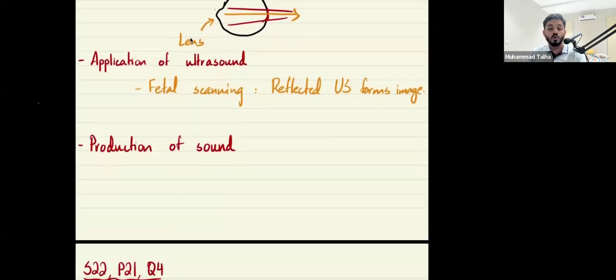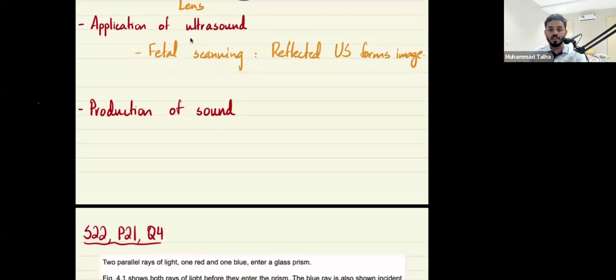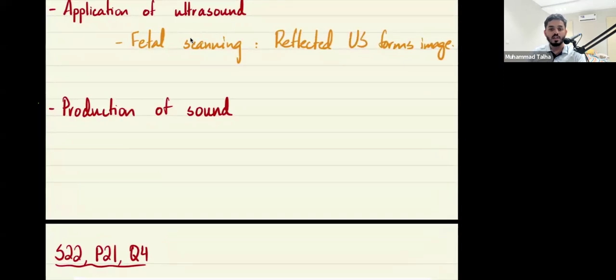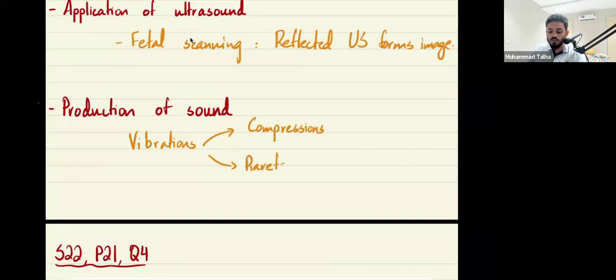Production of sound, again, something that I see a lot of students needlessly losing marks on, is how sound is produced. Sound is always produced by some sort of vibrations, and those vibrations lead to compressions and rarefactions. And then you must also know what each of these are. For example, right now I'm speaking, so let's imagine I have a lot of particles in front of me, which are just floating in the air.